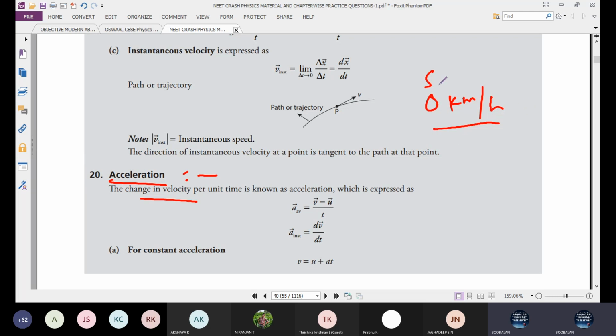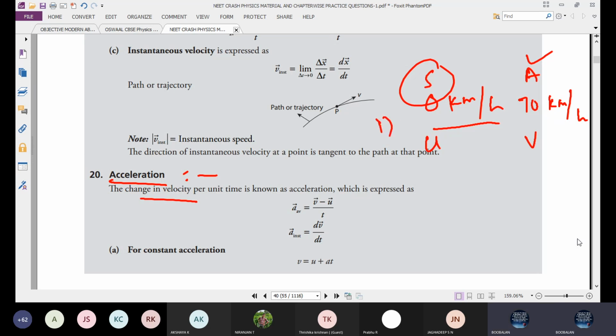This is point A, 70 kilometer per hour. The starting point is called initial velocity U, and at point A this is the final velocity V. Clear? This is case 1.